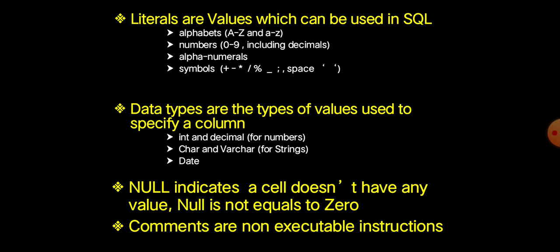The second element is data types. Data types are the types of values used to specify a column. It may be a number, a character or string, or a date. While using int, we can use only integer numbers without decimal parts.